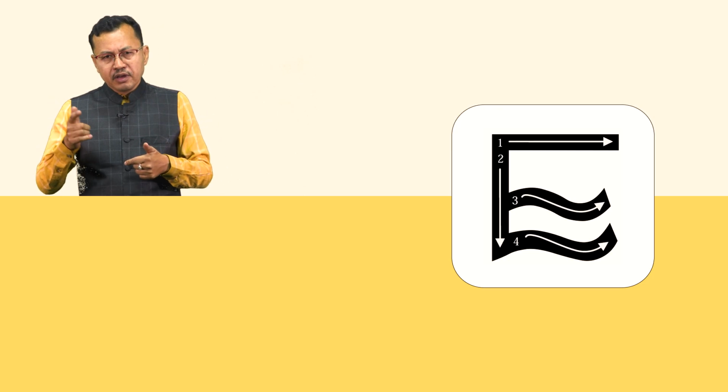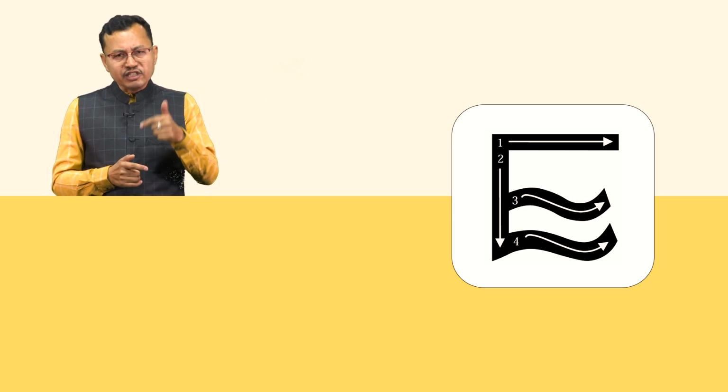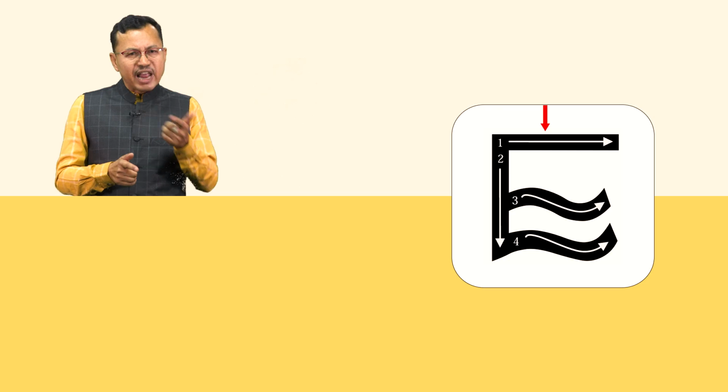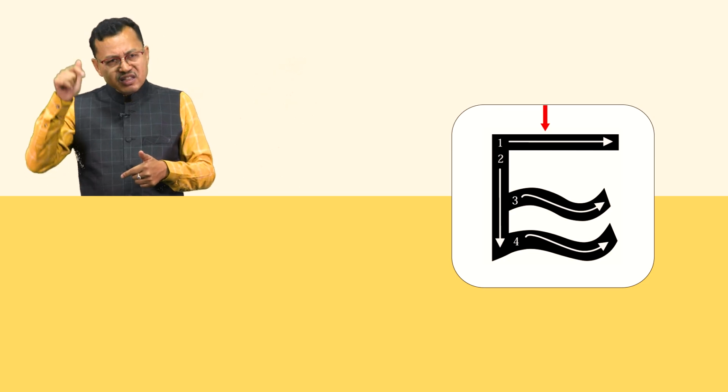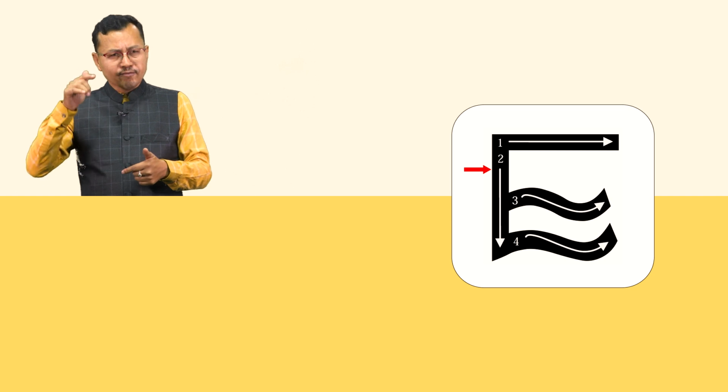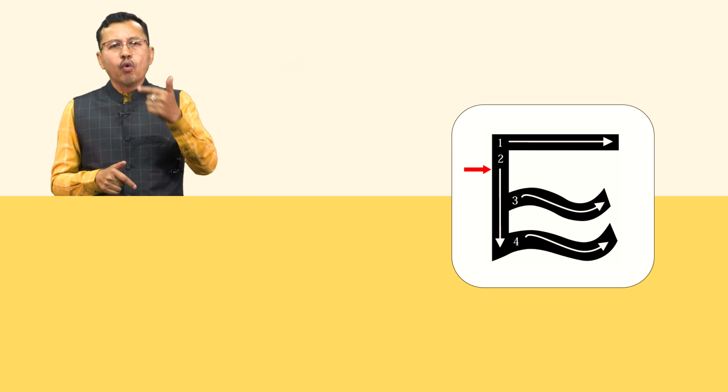To write PUM, start with stroke 1, a short horizontal line drawn from left to right at the top. Next, draw stroke 2, a straight vertical line downward from the left end of stroke 1.